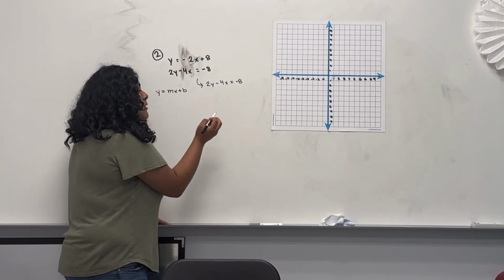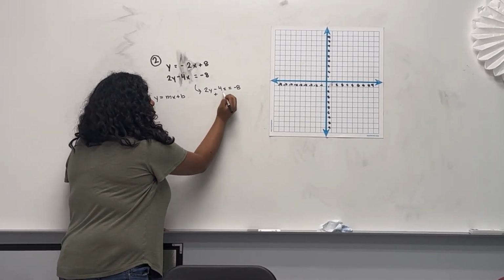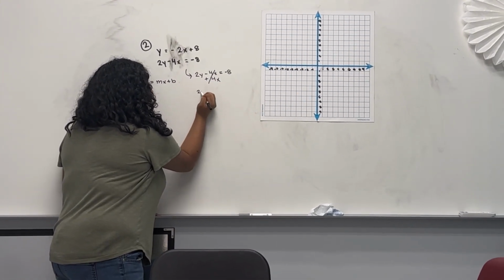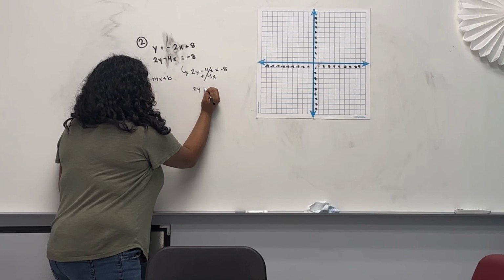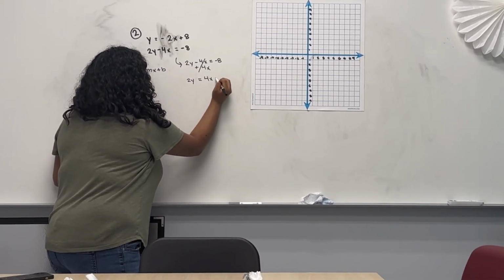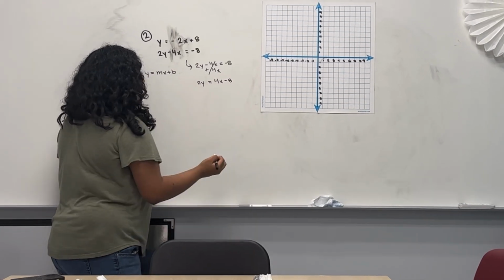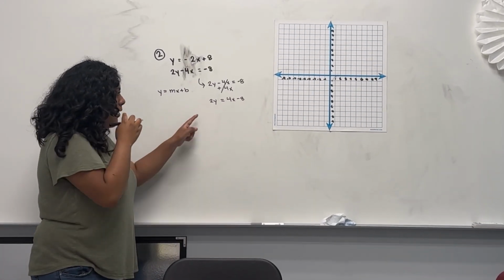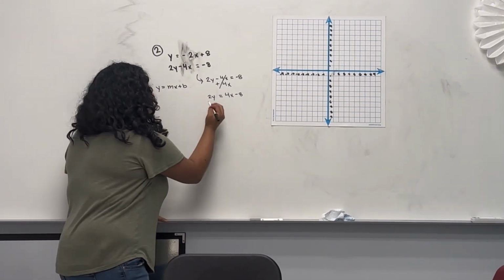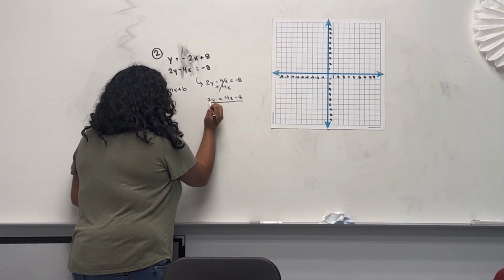So basically what you would do is add 4x, which would cancel this out, making it y equals positive 4x minus 8. Then when the y has a number in front of it, you divide by whatever the number is.